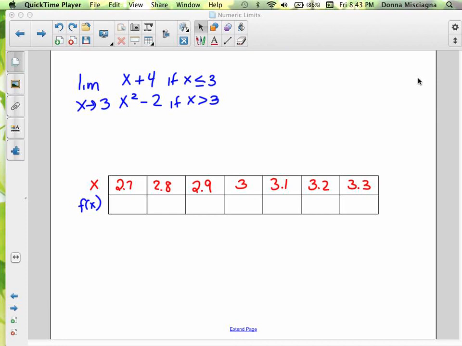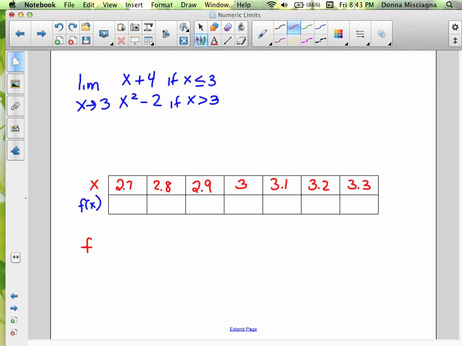So for f of 3, that would be 3 plus 4, or 7, because I have to plug into the top function for all the values of x that are less than or equal to 3. So this one's going to be 7.